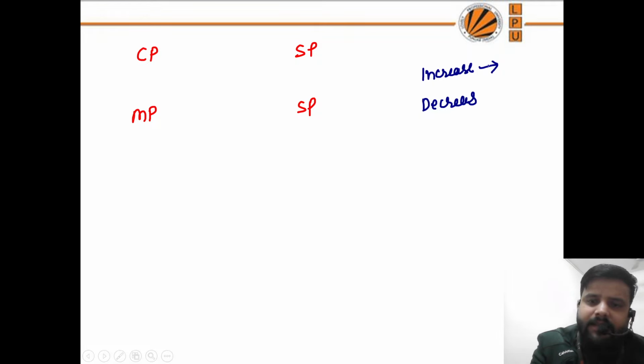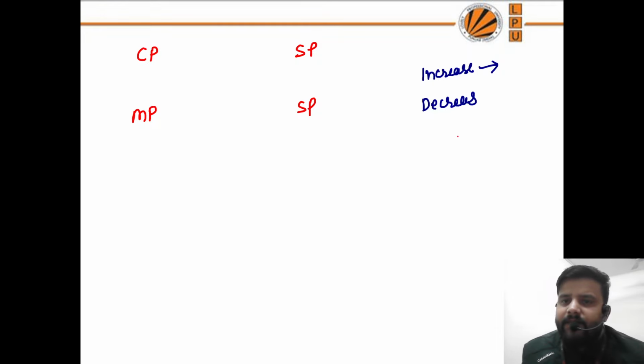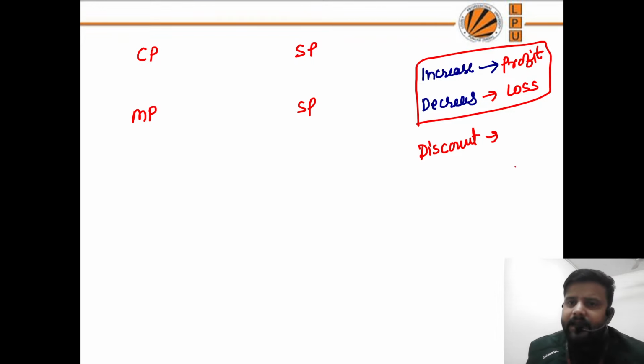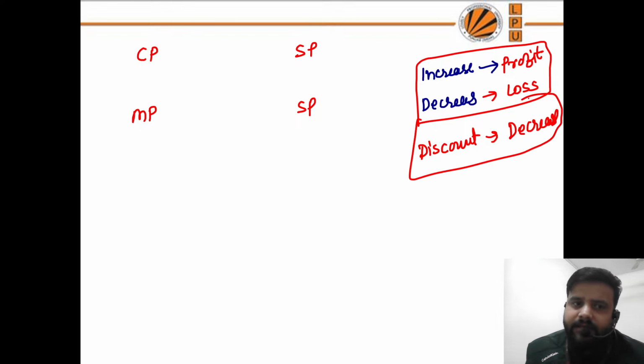It means we are selling something at a higher price. So profit is related to percentage increase and loss is related to percentage decrease, isn't it? And after we apply discount, our value decreases. So that's why discount is also treated as percentage decrease. Getting it?